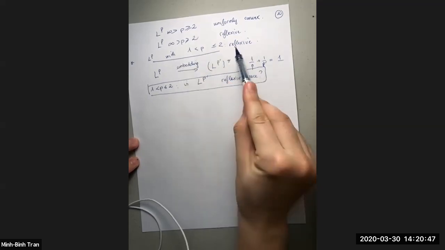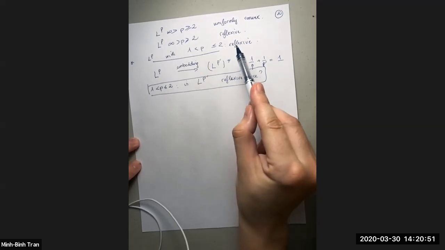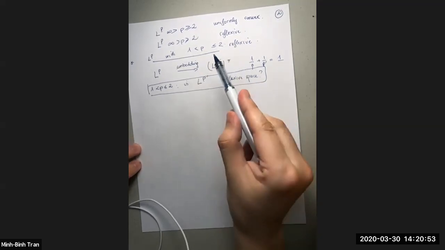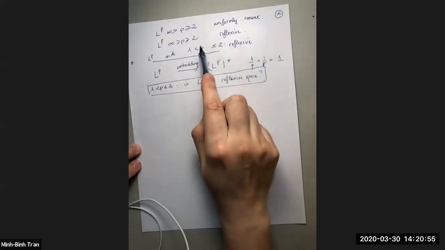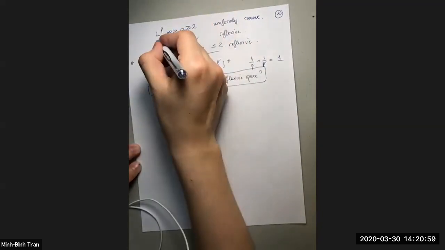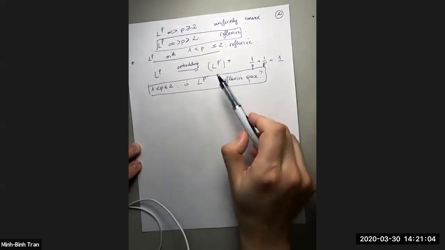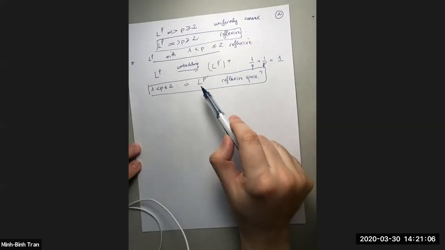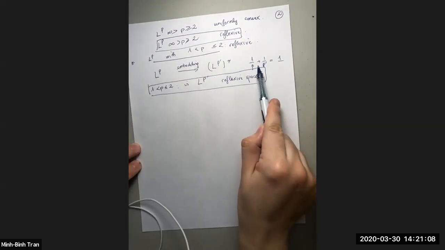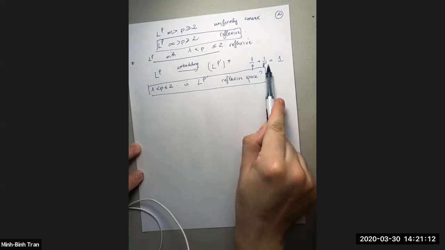Before I show that this is really reflexive, I'm going to need some information. I know that L^p with p bigger than 2 is reflexive. This is something that we already showed. Now I consider L^p prime, where p prime is the dual of p, in the sense that 1 over p plus 1 over p prime is 1.